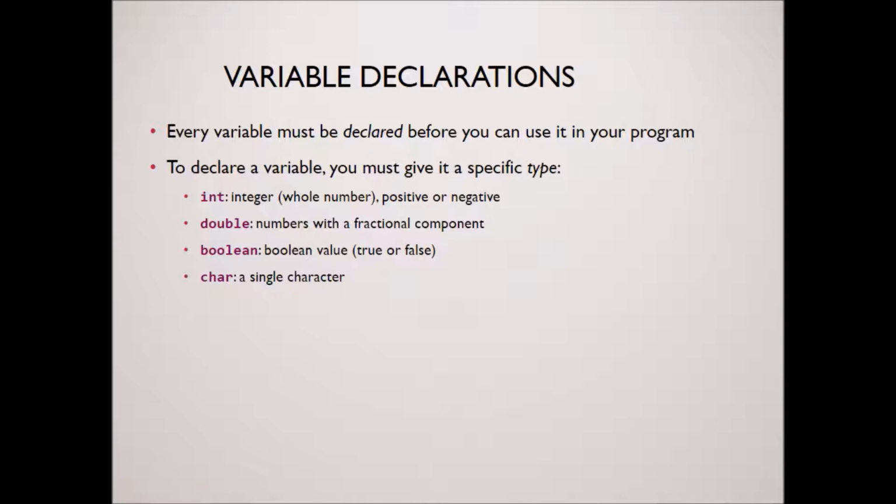We use those to test conditions. We test to see if var1 plus var2 equals 4. If it is, then we can do something. If it isn't, we do something else. A char would be a single character, like a T or a Z.